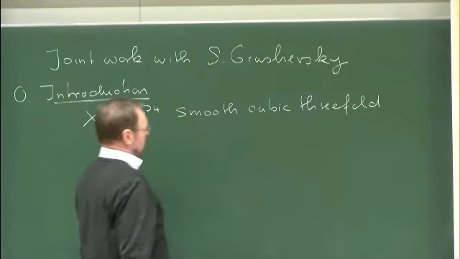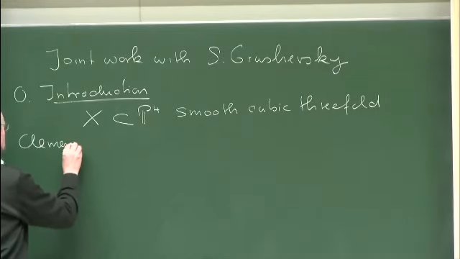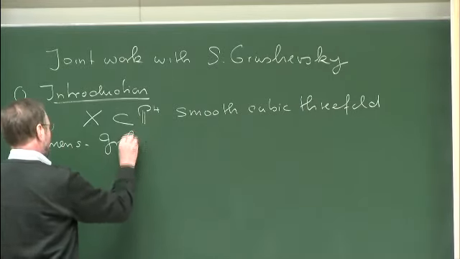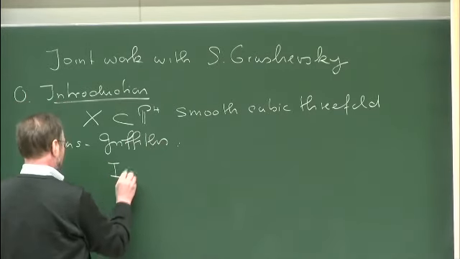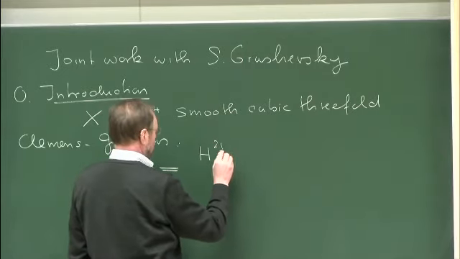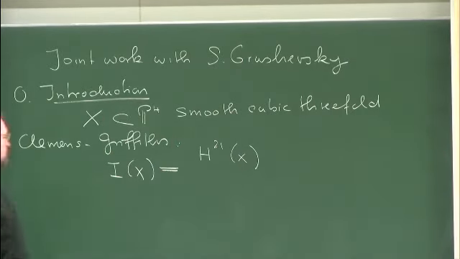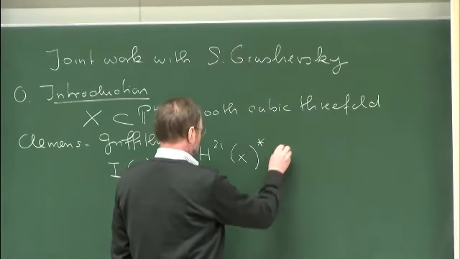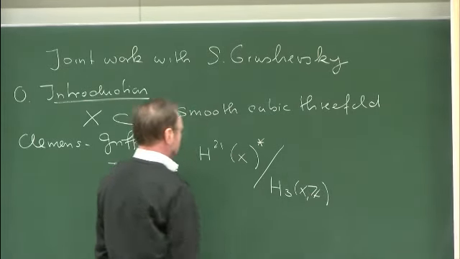Then Clemens and Griffiths, while proving that these are non-rational, introduced the intermediate Jacobian I of x, which we can write as h^{2,1}(x) modulo h^3(x, Z).